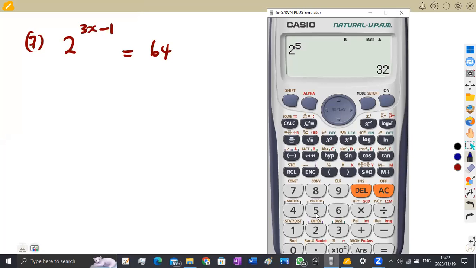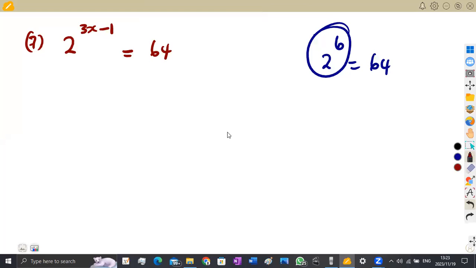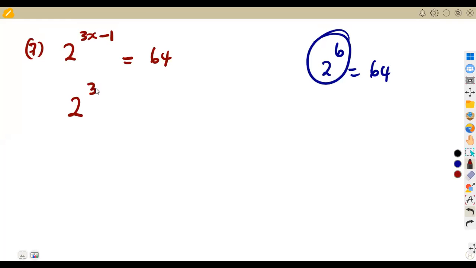Until we get a number which gives us 64, which is at 6. So this 64 is the same as 2 to the exponent of 6. So 2 to the exponent of 3x minus 1 must be equal to 2 to the exponent of 6.